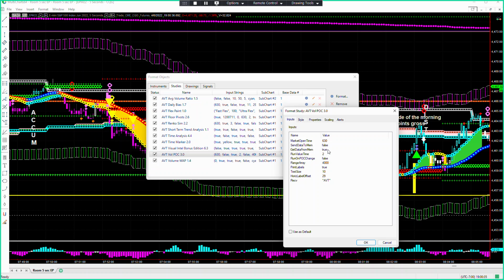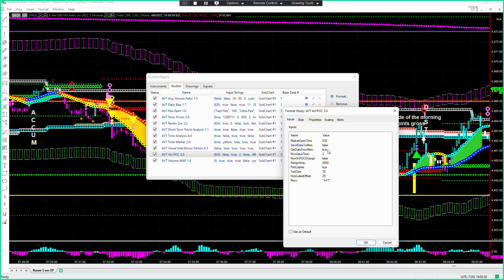Other than that, I don't think it should be going crazy. So double check that. Double check your market open times, making sure they agree. And if it still goes crazy, send me a picture so I can see what it is.